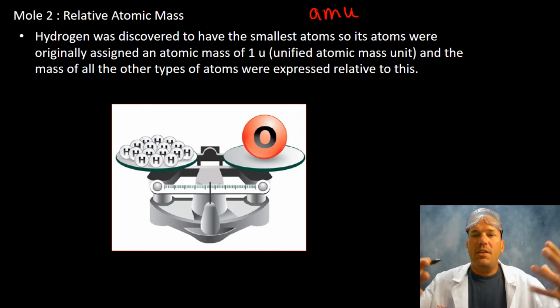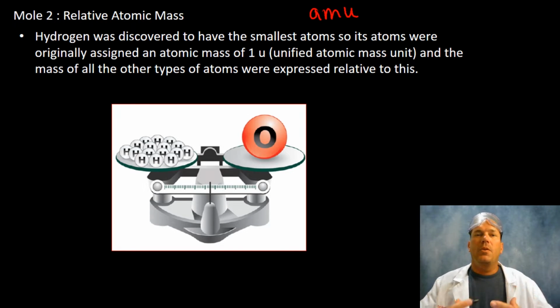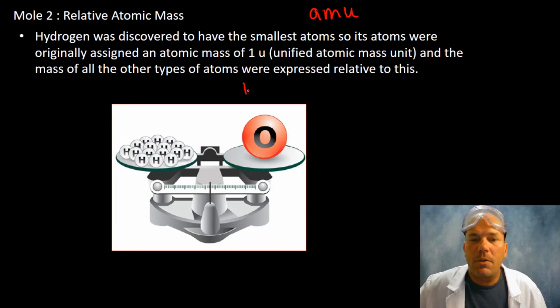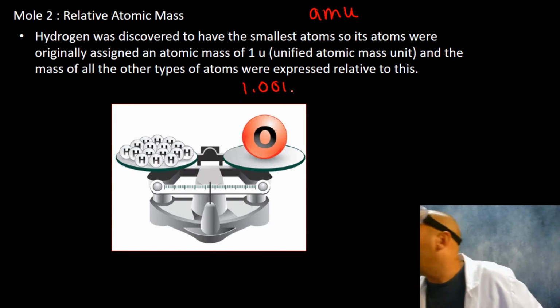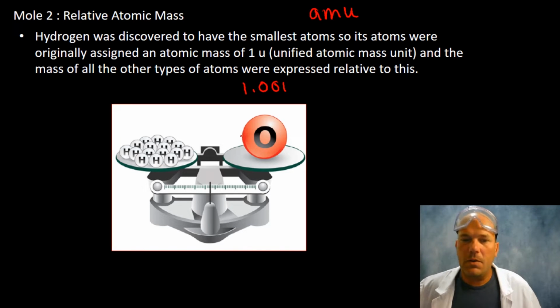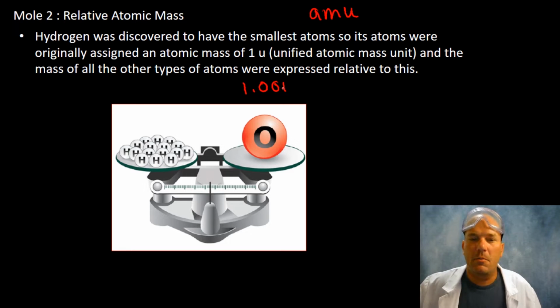But because of that, they unified their overall definition, and so that's where that's coming from. So if you look at your periodic table, you'll see 1.008 underneath the hydrogen.